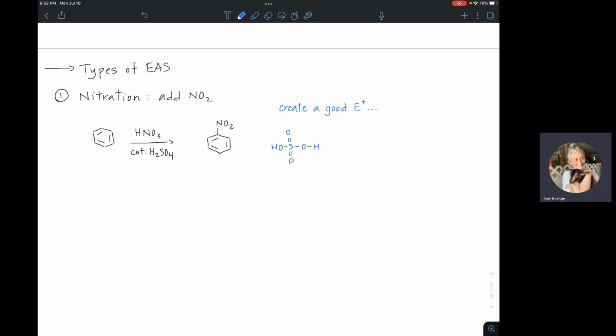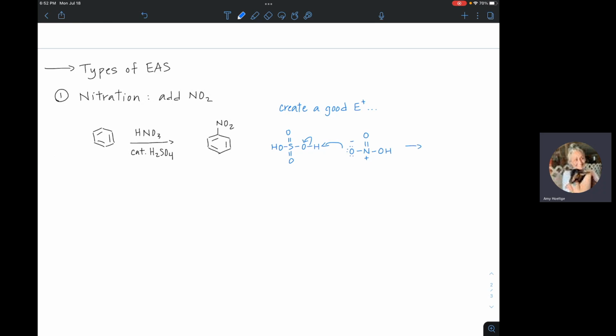And the nitric acid is going to come in. And we're going to grab the acidic hydrogen off of sulfuric acid.